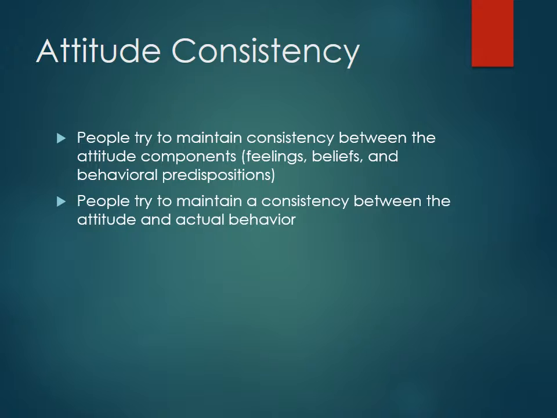So no matter what example you use, wherever there's consistency between and among all those parts, that makes us happy. And when there's inconsistency, when there's a mismatch, when these things don't align, now we're unhappy. Or the word we use from psychology is we experience cognitive dissonance. So consistency is cognitive consonance. All is well with the world. We are in harmony.